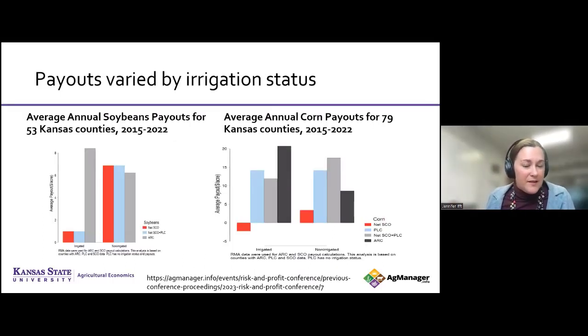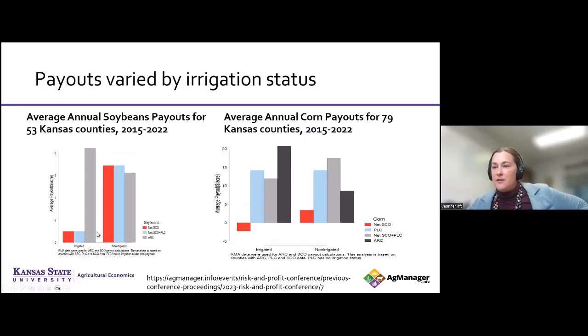I have a link to the full study there, but I've just pulled out a few graphs as an example. First, soybeans, irrigated versus non-irrigated. For non-irrigated, ARC and SCO payouts were comparable. SCO was a little bit higher, but ARC was higher for those irrigated.